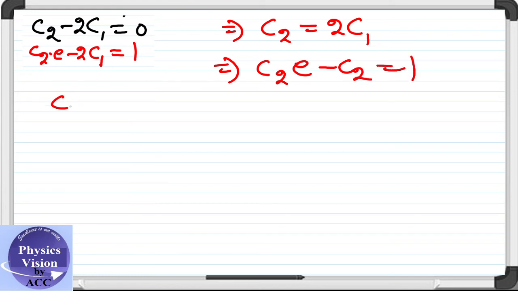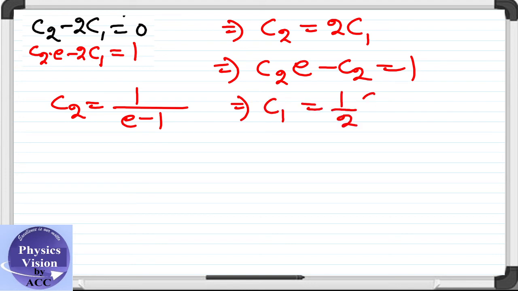That is, c2 is equal to 1 divided by e minus 1, and c1, which is 1 by 2 of c2, is equal to 1 by 2 times e minus 1.